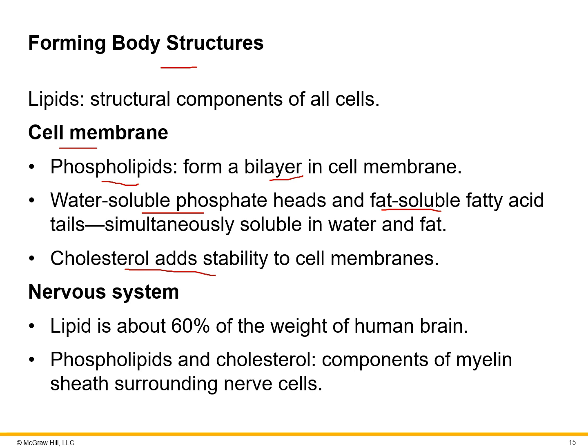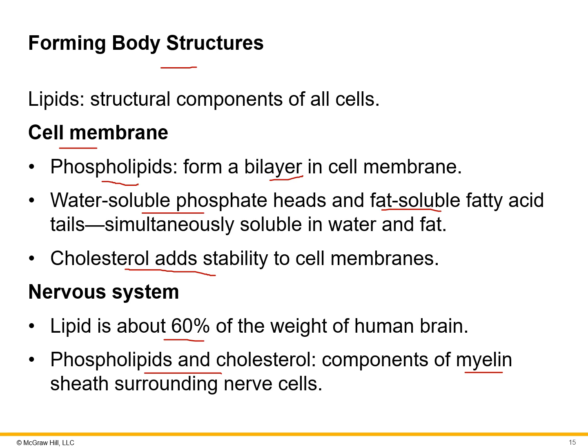Now in the nervous system, actually lipids make up about 60% of our brain. So there are a lot of lipids in the brain. Again, remember the slide about the beef brain having so much cholesterol in it. That's because a lot of the lipids actually get stored in the brain. So there are phospholipids and cholesterol because not only do they make the cell membrane, but around all of the nerve cells, there's this kind of insulator called myelin.